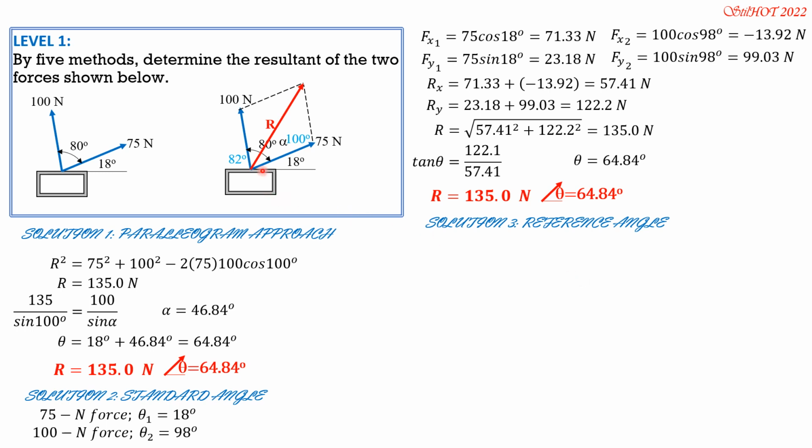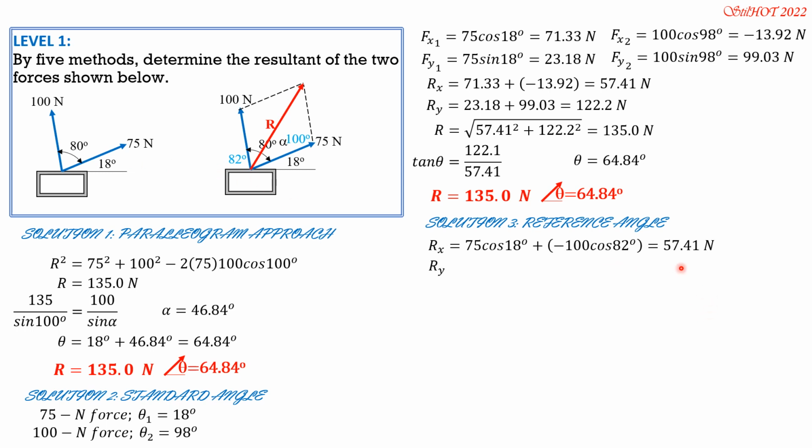Therefore, Rx is 75 cosine 18, positive. The 100 is pointed up to the left, so its x component is negative. So Rx is 75 cosine of 18 minus 100 cosine of 82. The reason it is minus 100 cosine 82 is because the 100 Newton force is directed up to the left, so its x component is negative, going to the left.